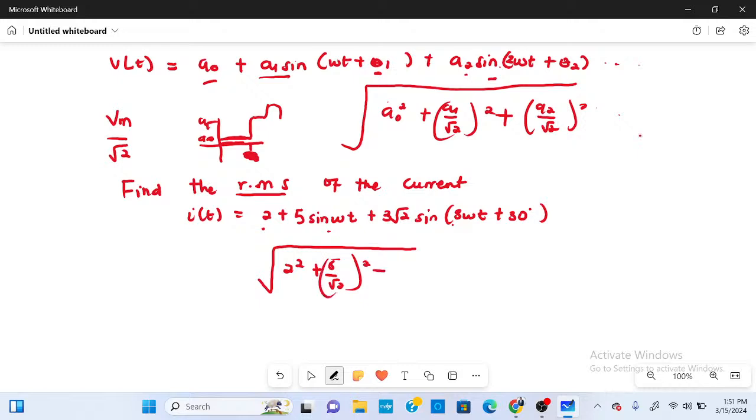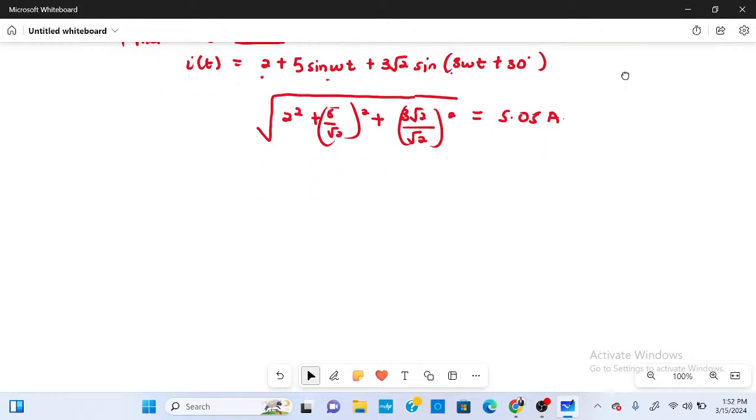I find my peak value 3 root 2 over root 2, all squared, right? So at this point, this is simply going to give me 5.05 amperes, and I'm good to go. So this is how you find it for harmonic waves.